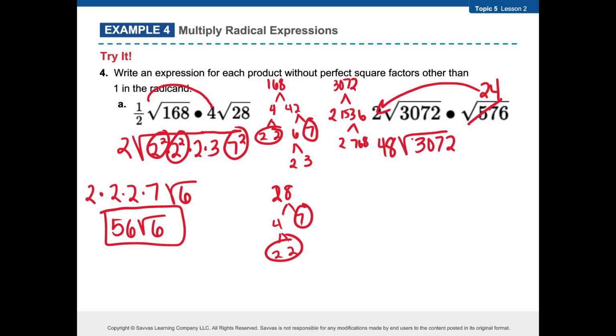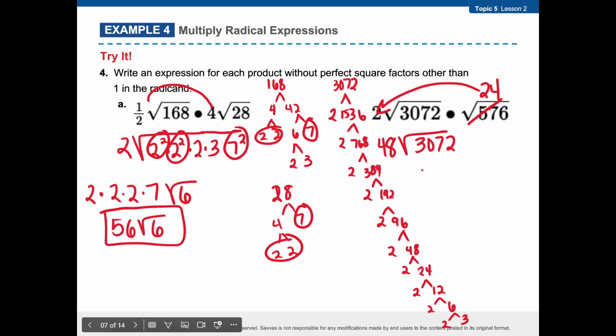Divide that by 2 again, 768, 384, divide by 2 again, 192, 96, 2 and 48, 2 and 24, 2 and 12, 2 and 6, and finally 2 and 3.